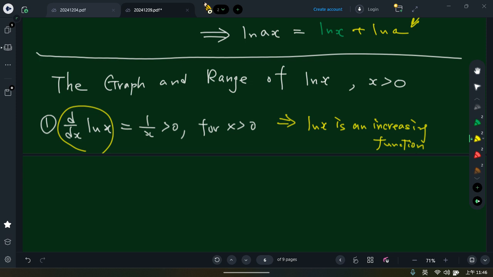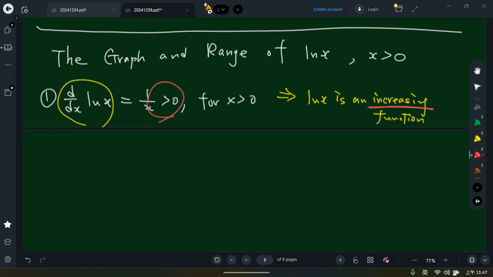If the first derivative is positive for some certain interval, we will say the function in that interval behaves in an increasing way. If the derivative is negative for some interval, then the function behaves in a decreasing way for that interval. So with this, because it's positive, it is an increasing function. I think that shouldn't be a problem for you, right?